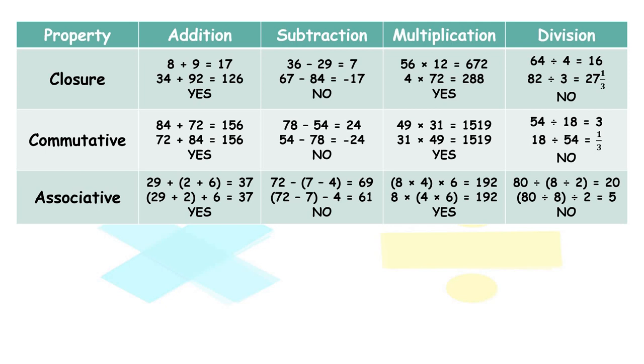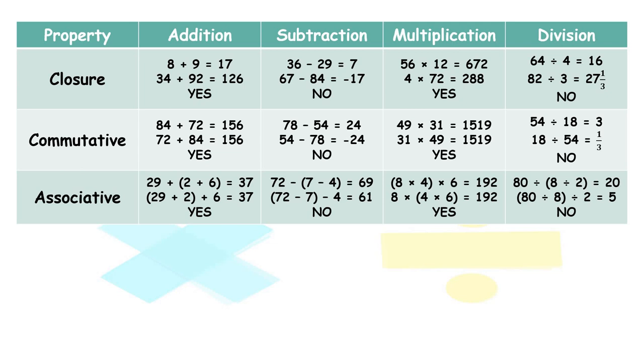So we will get a different answer. So it is not commutative. Subtraction is not commutative for whole numbers. Similarly, multiplication, we will always get the same answer when we interchange the order. So multiplication is commutative for whole numbers, while division is not commutative for whole numbers.